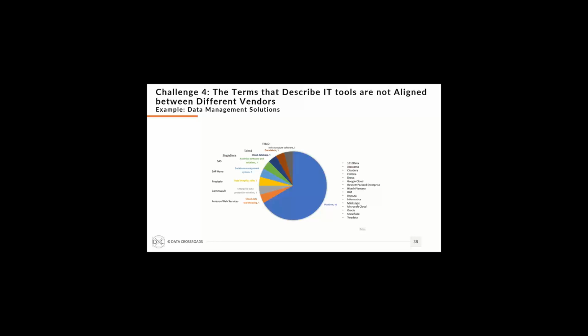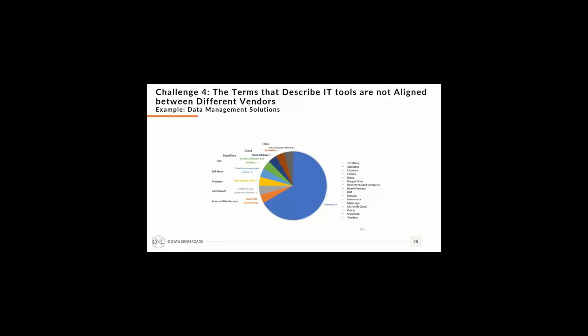The next challenge is that terms are not aligned between vendors. Different vendors use entirely different names to describe or classify their tools. Many of them use the title platform. This slide represents the titles used to describe the 24 data management tools. However, it's impossible to find the underlying definition of these titles on the vendor side. So it may happen that the same title, for example, platform, has multiple meanings depending on the vendor's viewpoint.